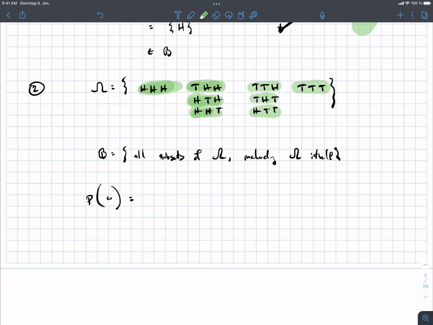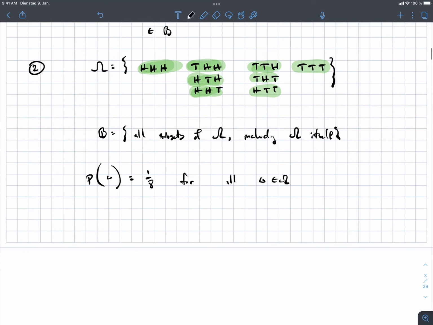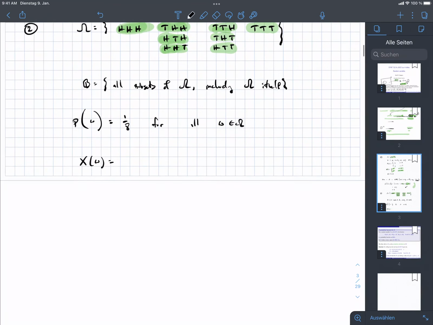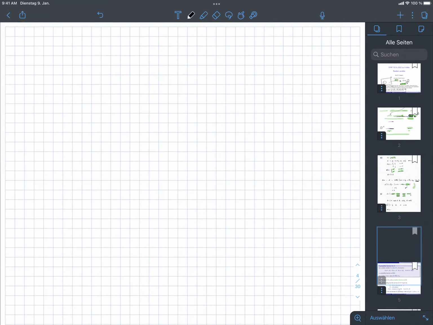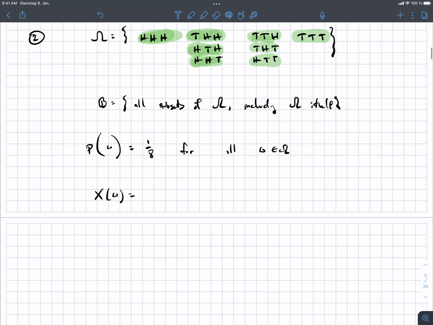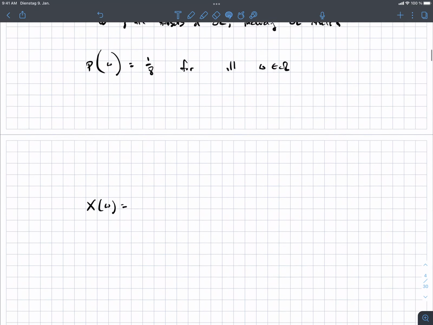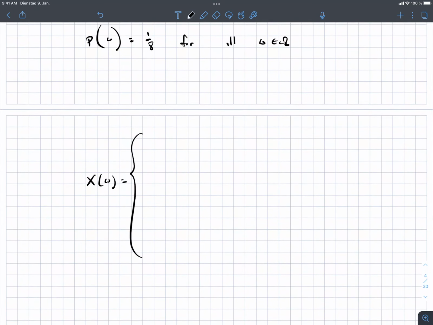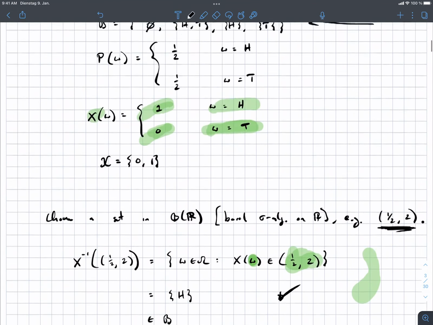So there's 1, 2, 3, 4, 5, 6, 7, 8 of them. So 1/8 for all omega in omega. And my function x of omega, which is my random variable, looks like what?